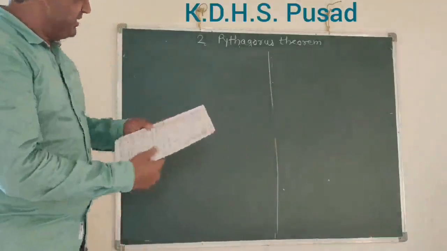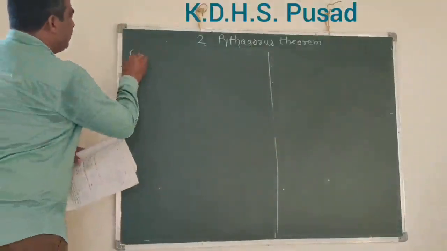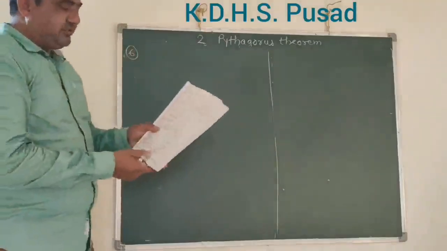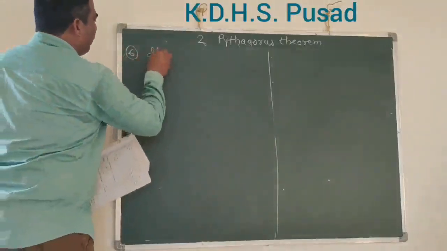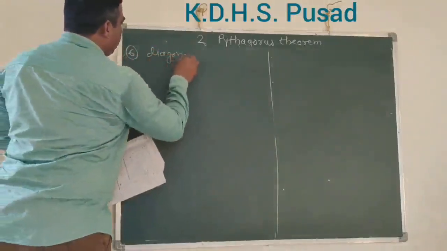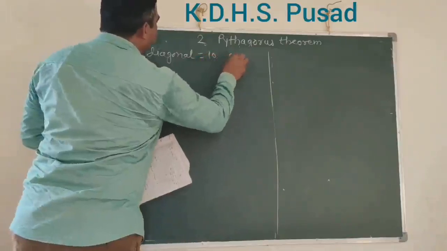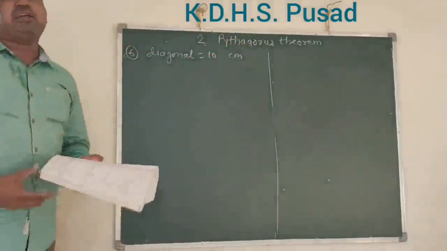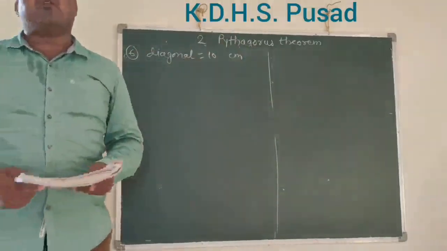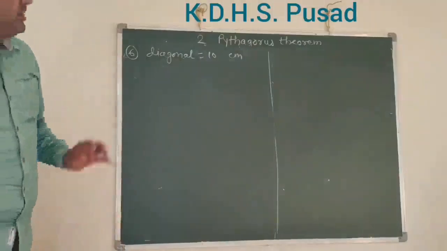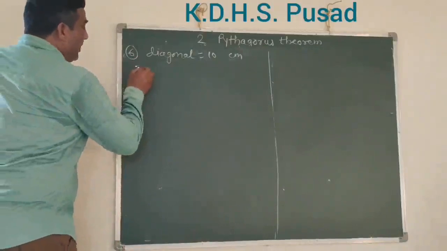So read question number 6. You are given the diagonal: diagonal equal to 10 centimeter. And the question is to find the side and perimeter of a square. First of all, here is your formula.